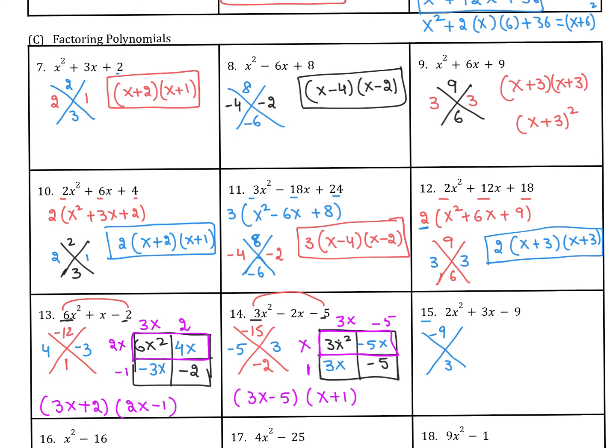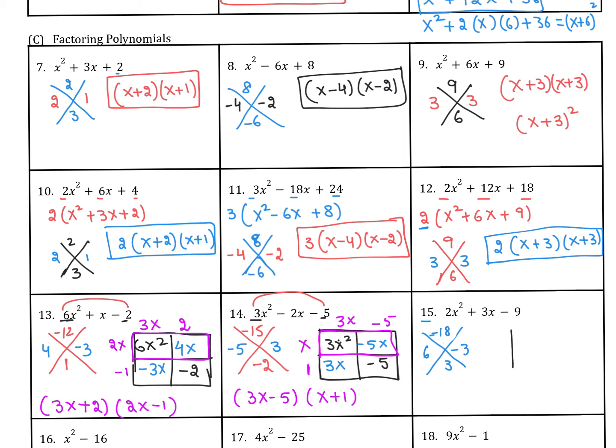Multiply to be negative, actually this is not negative 9, it should be 2 times negative 9, and that should be negative 18. Two numbers multiply to be negative 18 and add to be 3: 6 times negative 3.